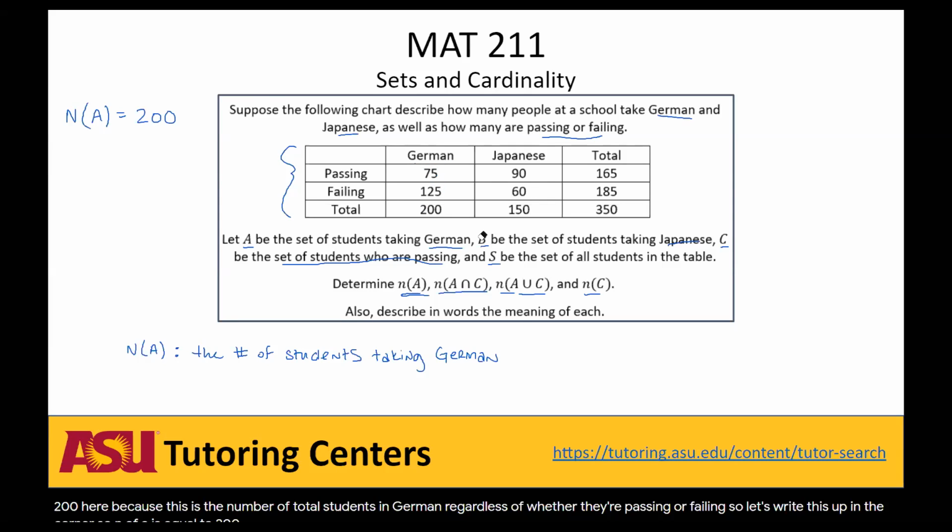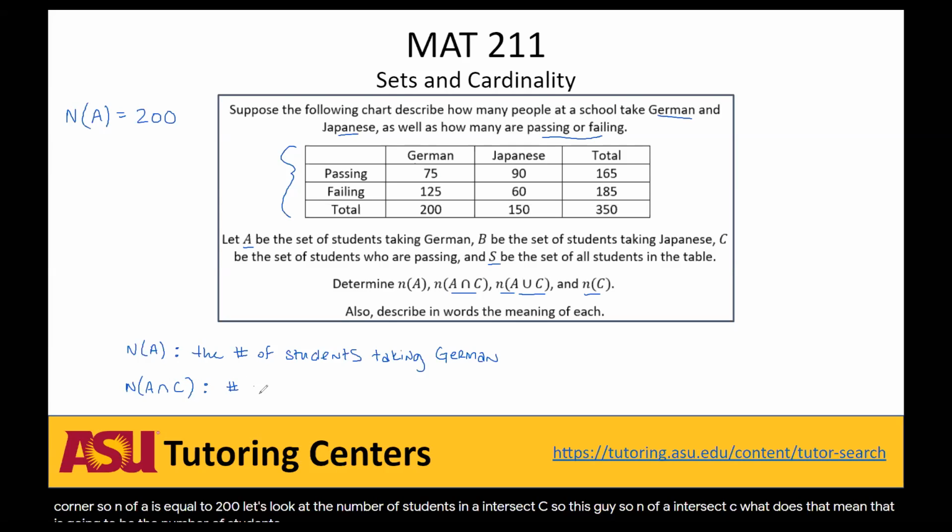Next, let's look at the number of students in A intersect C. So N of A intersect C, well, what does that mean? That is going to be the number of students that are taking German, again, because we have A here.